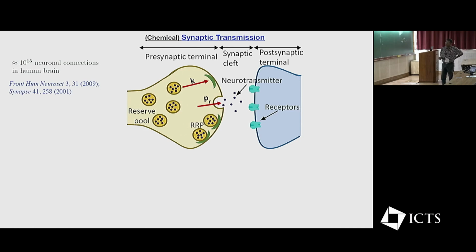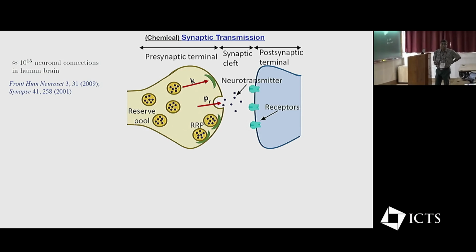And how does a signal transmit across this gap? Usually what happens is that if you have a sensory stimulus, whether it be auditory, visual or mechanical or even directly electrical given in an in vitro experiment, that will cause a depolarization of the membrane potential which propagates.